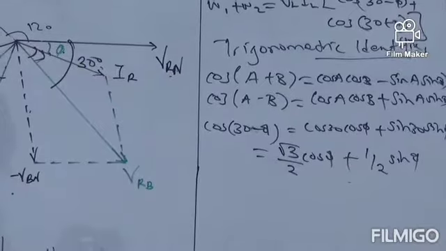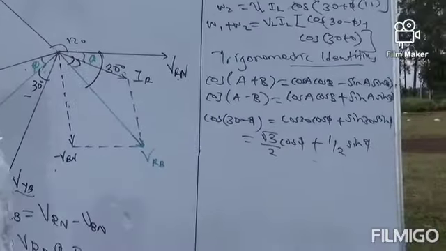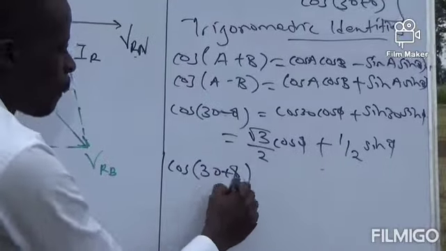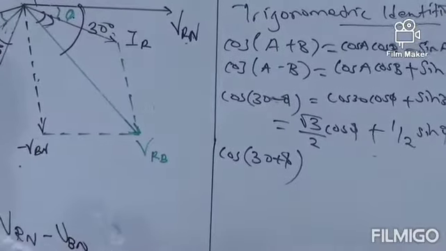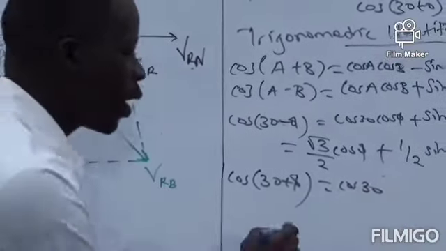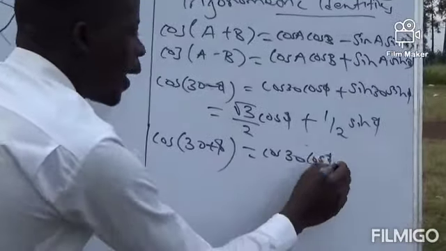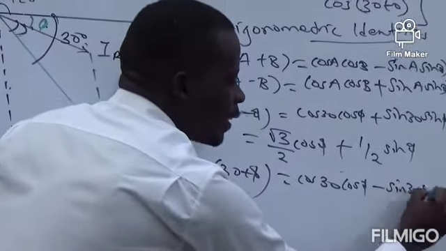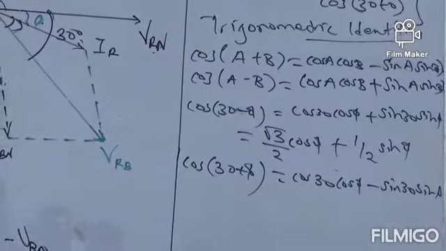This is the first expression. Then the second one is cos(30 plus phi), which will be cos 30 cos phi minus sin 30 sin phi.